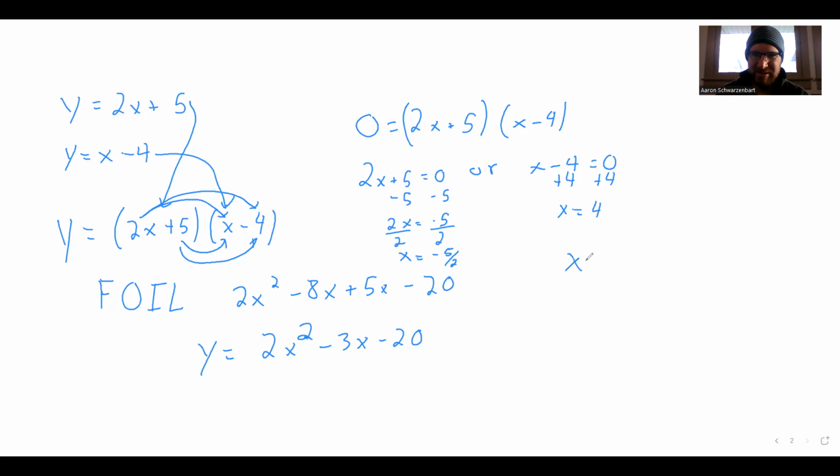So this one, like I showed you on the graph, is going to have two answers. X can either be -5/2 to make y 0, or it can be 4. And those are my two solutions.